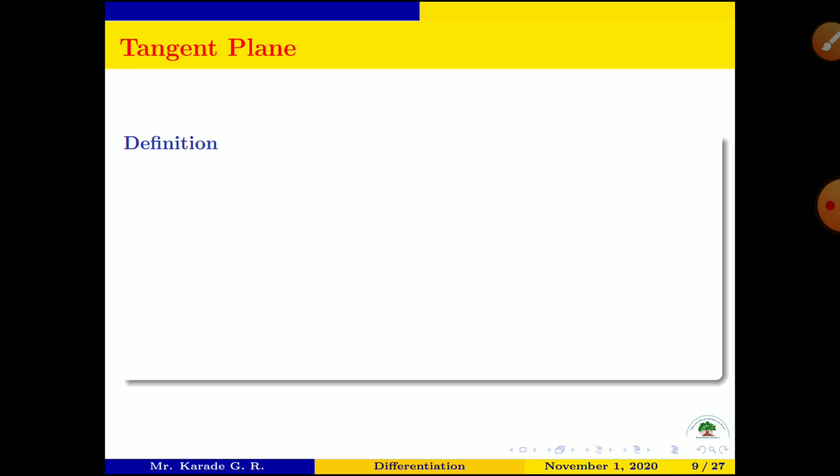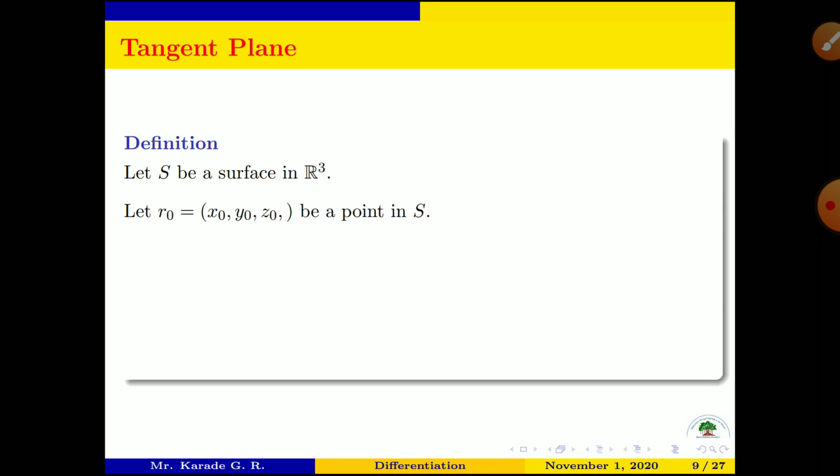So first of all we define what is meant by tangent plane. Write the definition. Let S be a surface in R3. Let R0 = (x0, y0, z0) be a point in S. Consider all curves in S passing through R0.